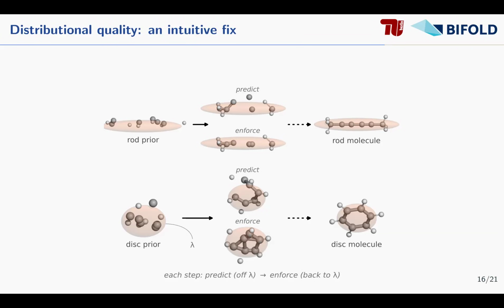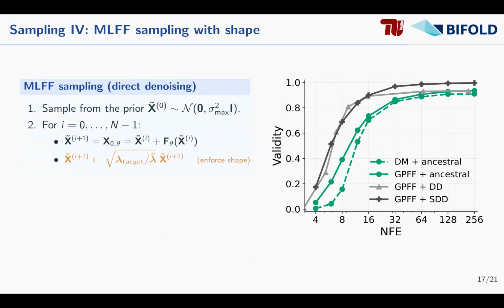It takes about 10 seconds to train. Then we can sample QM9-like molecule shapes and force them during sampling to fix the distribution. Here again we have the sampling algorithm on the left, and the new part is that we stretch our intermediate structures, as I just explained.